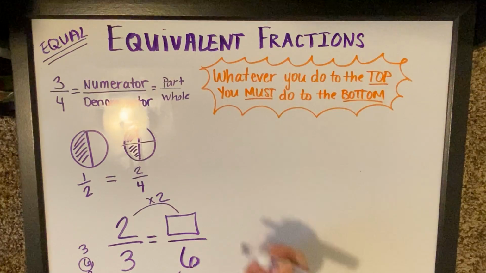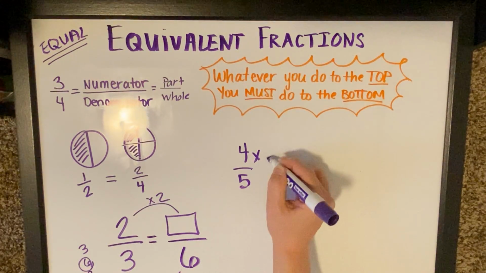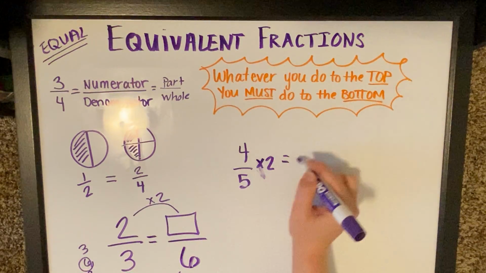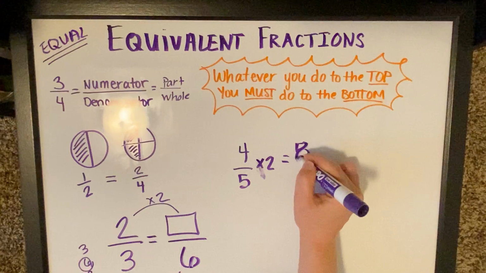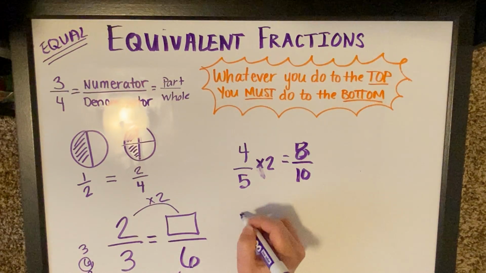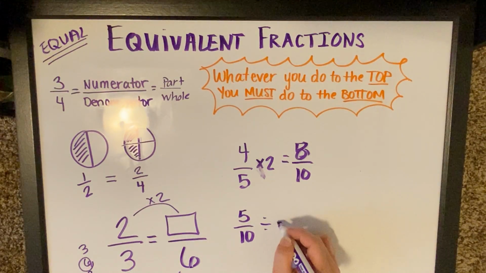You might be given a problem where you are asked to multiply. 4/5, we'll multiply it by 2, and we know that that gives us 8/10. You might be given a problem where you are asked to divide.